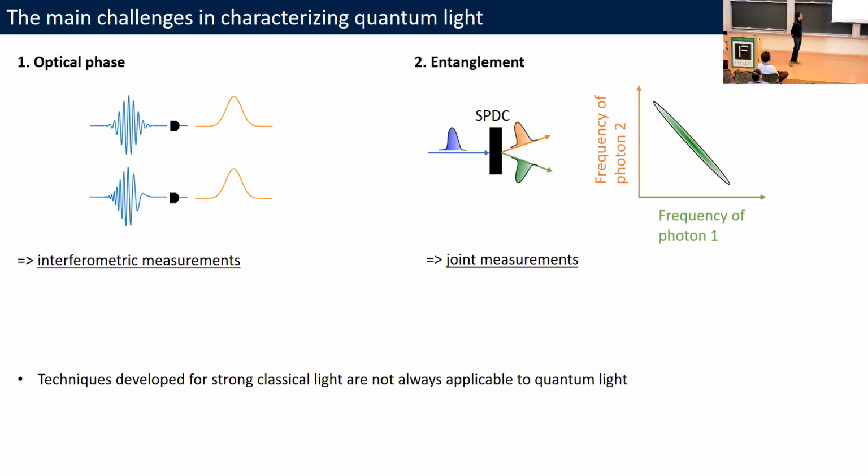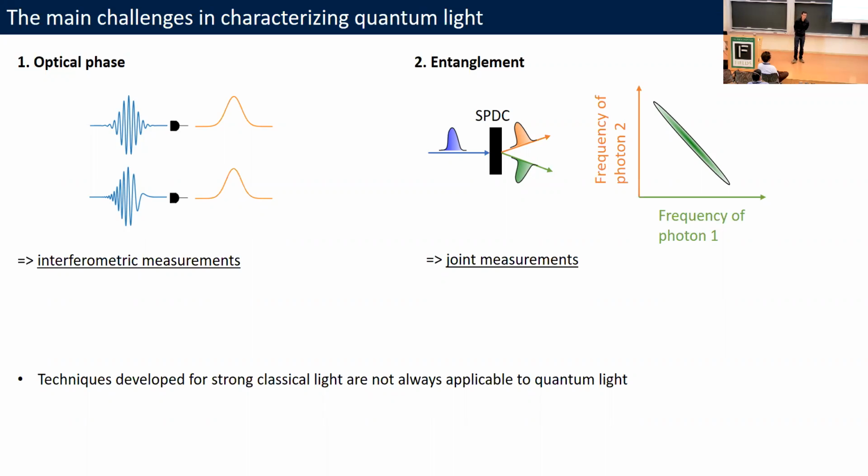The second thing is that now there can be these non-classical correlations between the photons. And so this arises very naturally, for instance, in these spontaneous parametric down-conversion sources where you're pumping crystals and you produce from one pump photon two lower energy photons, typically called signal and idler. Because of the energy conservation of this process, there can be strong correlations between the frequencies of the down-converted photons.